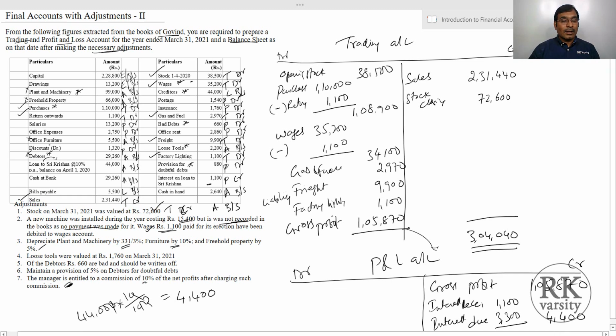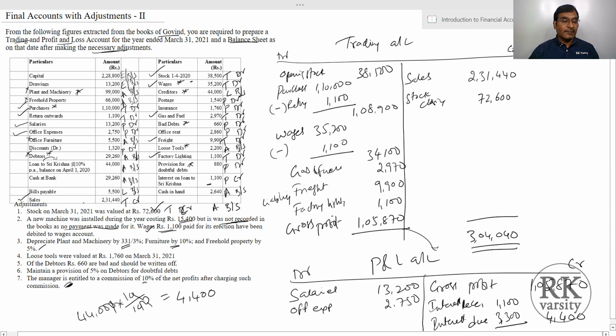Now coming to the individual items here. So you have salaries. Here, on the debit side of your profit and loss account, the first one is salaries. How much? 13,200. Then office expenses 2,750.